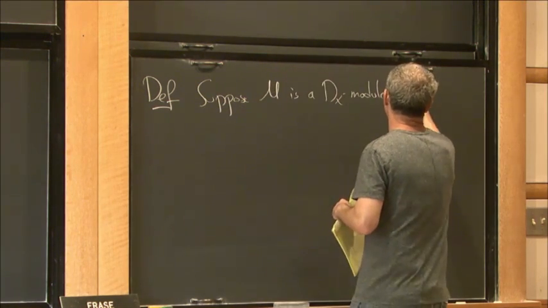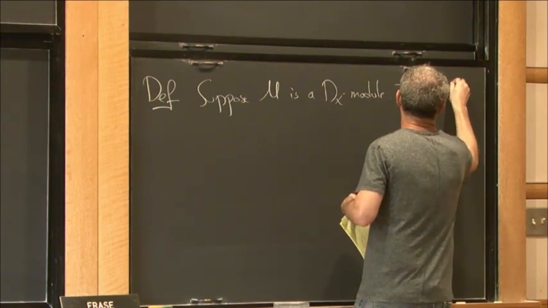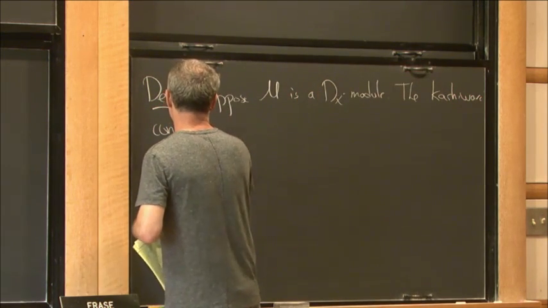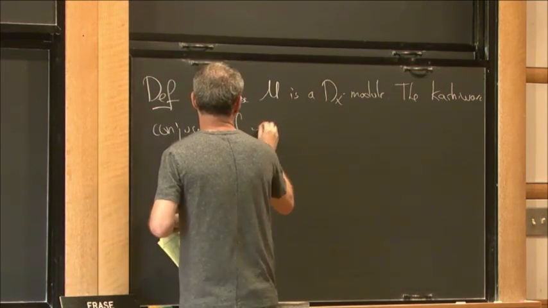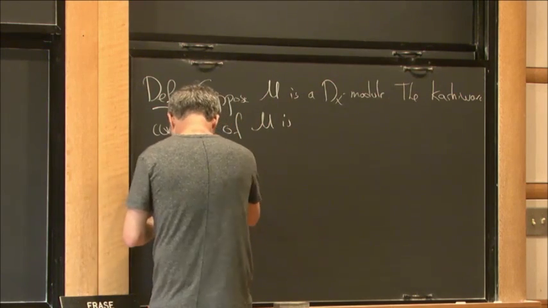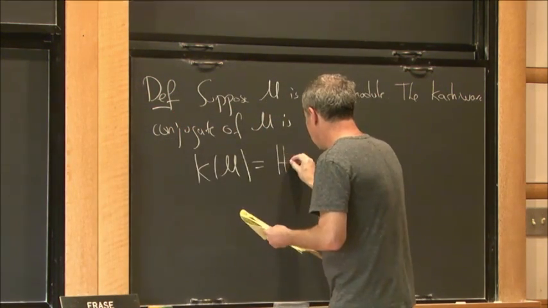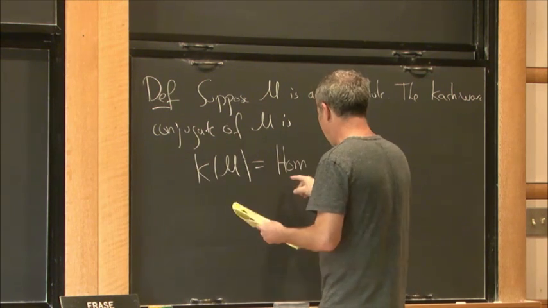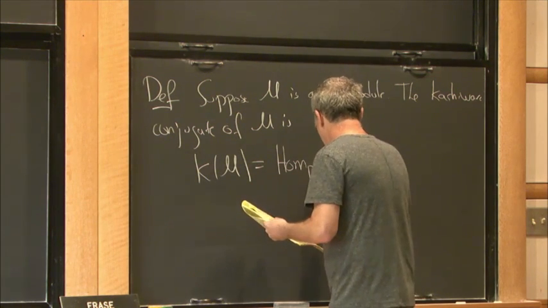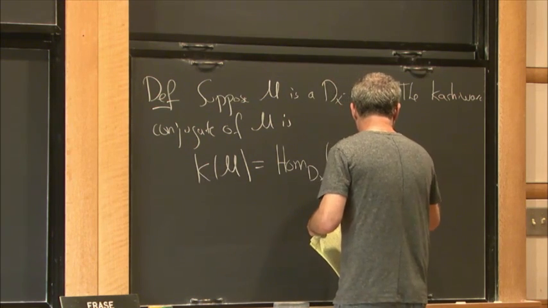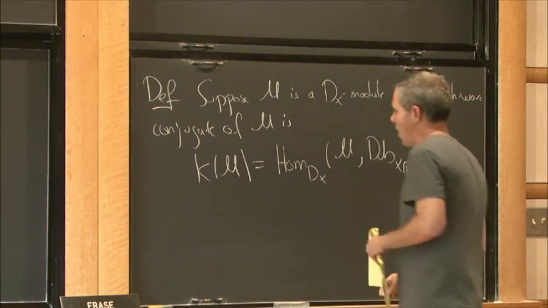The Kashiwara conjugate of M is a pretty simple thing, really kind of cool. I'll call it K(M). It's the Hom over D_X from M into the distributions over X_R.